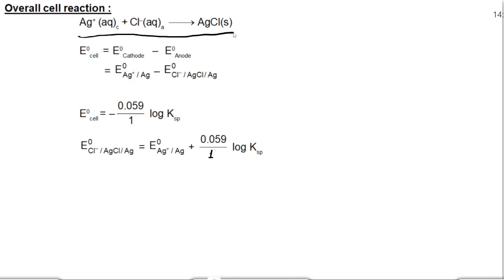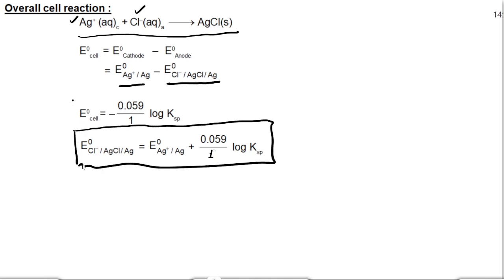This we have already done. Ag plus at cathode, Cl negative at anode. E naught cell, and E naught that we have calculated earlier.